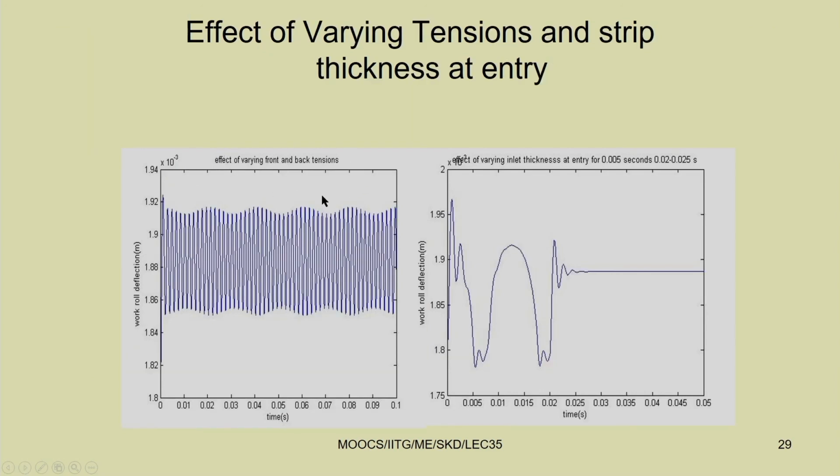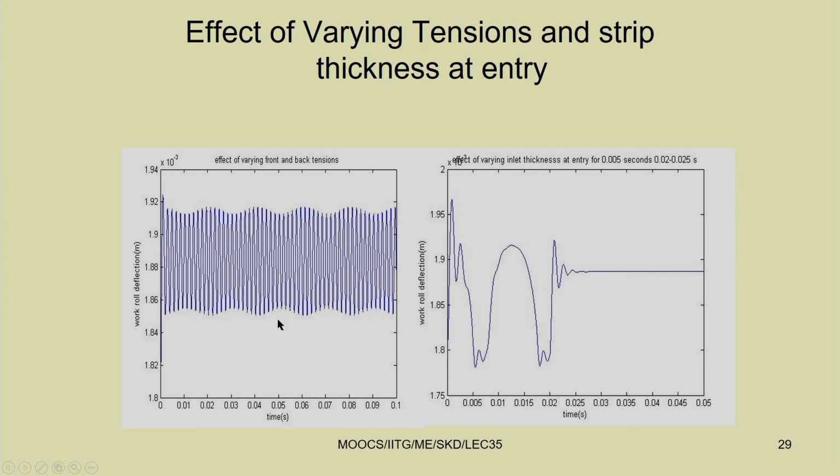Now the effect of varying the front and back tension. By varying the front and back tension you can see a lot of oscillations occur, and due to that some marks will be there. Here the inlet thickness at entry is shown at 0.05 second and 0.02 second.